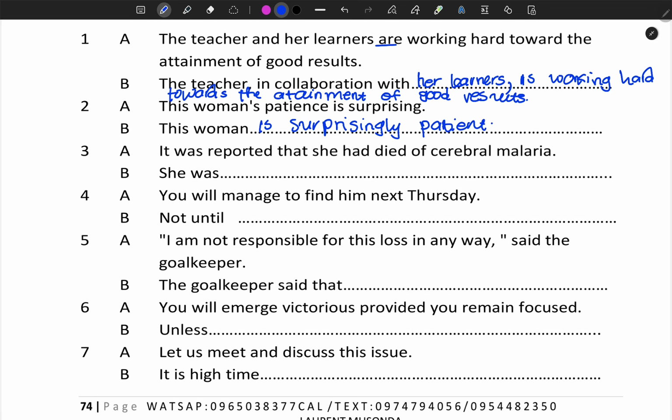Then number 3, it was reported that she had died of cerebral malaria. Then it begins, she was reported to have died of cerebral malaria.